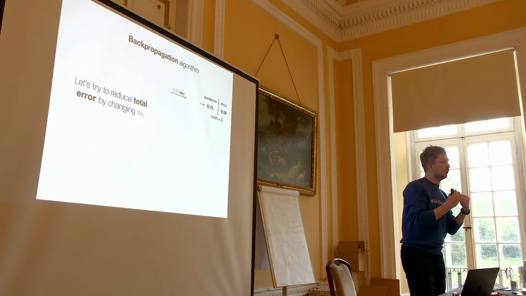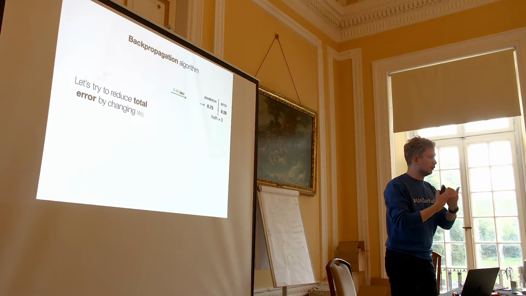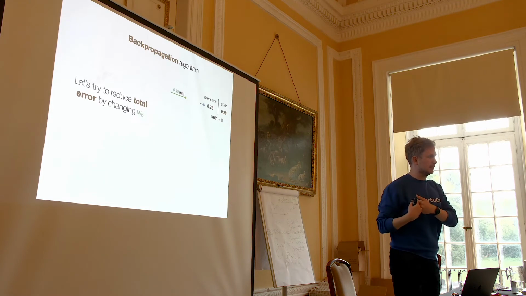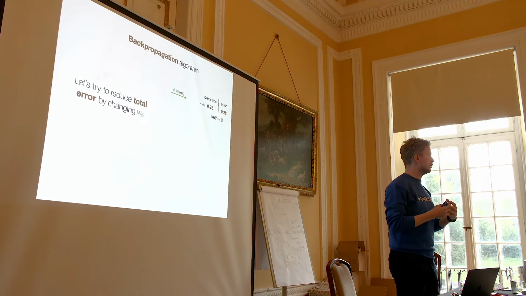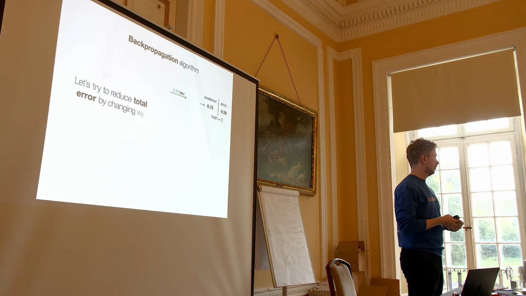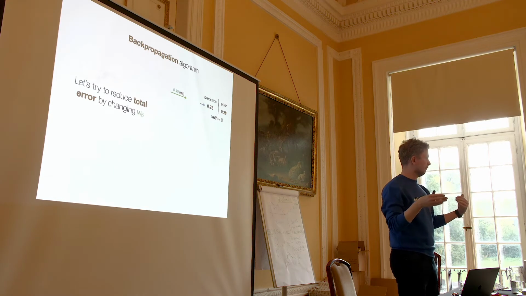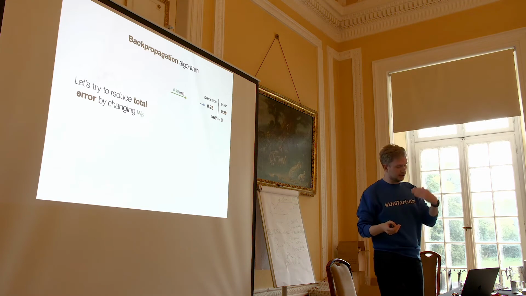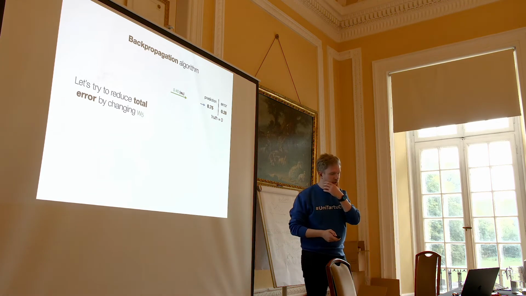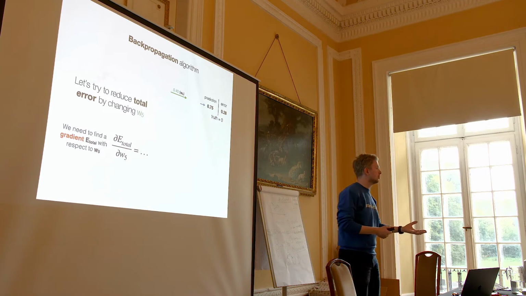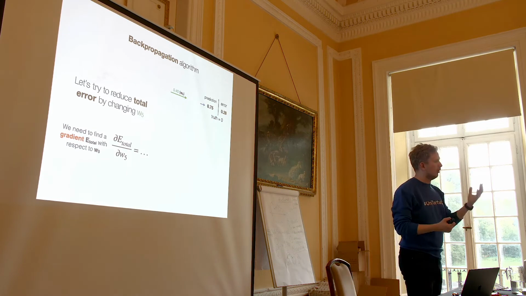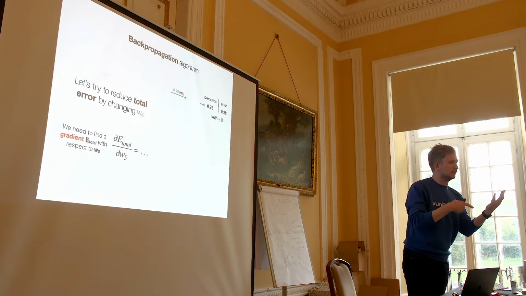The question is: how am I going to change W5 to decrease the total error? By how much should I decrease it, and how do I do it? To answer this, I need to calculate the gradient of the total error with respect to W5.